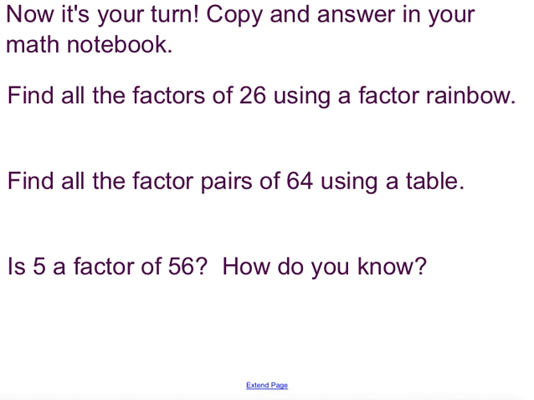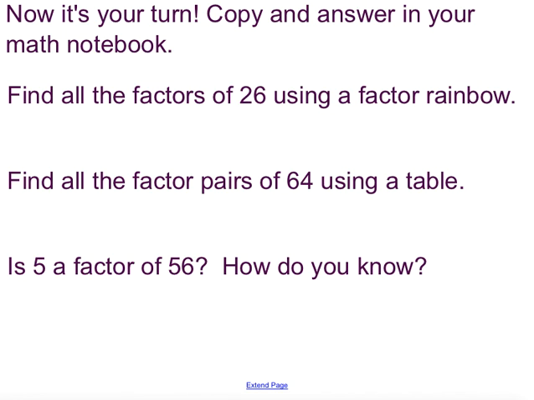All right, so now it's your turn. You're going to copy and answer in your math notebook. Copy the question and answer it. And please follow what strategy I'm asking you to do. So for the first one, find all the factors of 26 using a factor rainbow. Make sure that you are trying to find all of them.